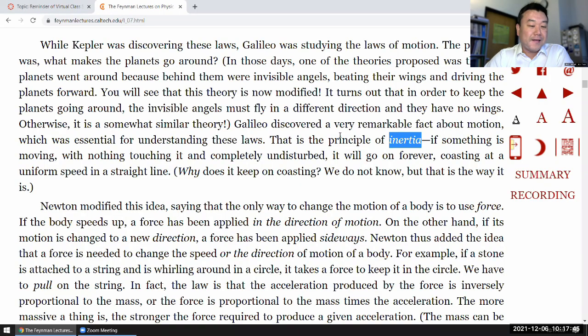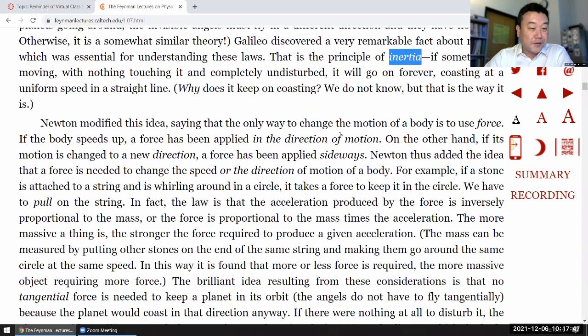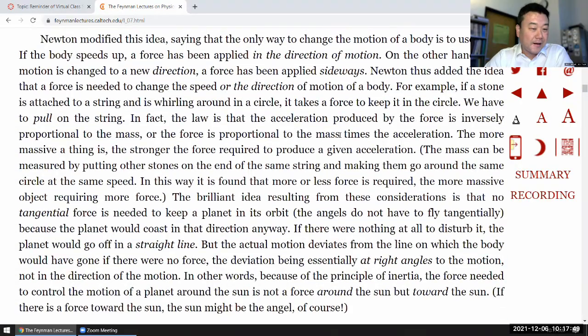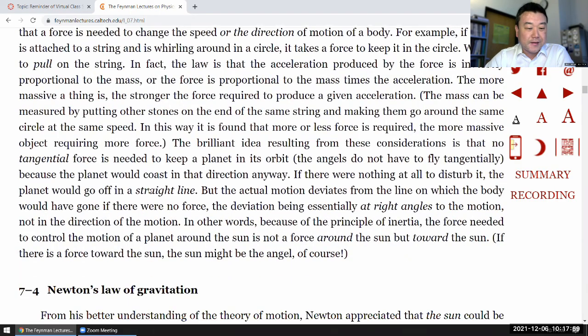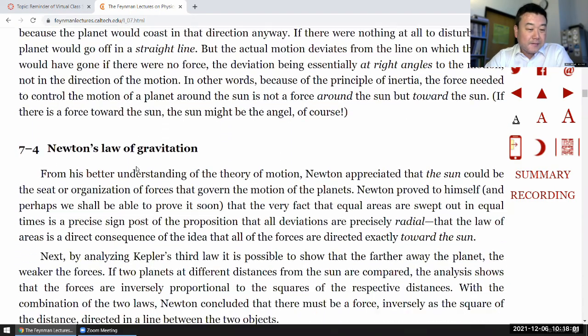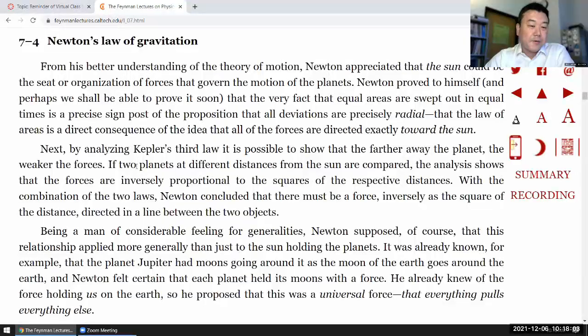Yeah, and then Newton comes later, after Galileo, after Kepler, and Newton's laws of motion are what we spent quite a bit of time working through this semester, and this is what he describes. And this is the section that I want to read in more detail.